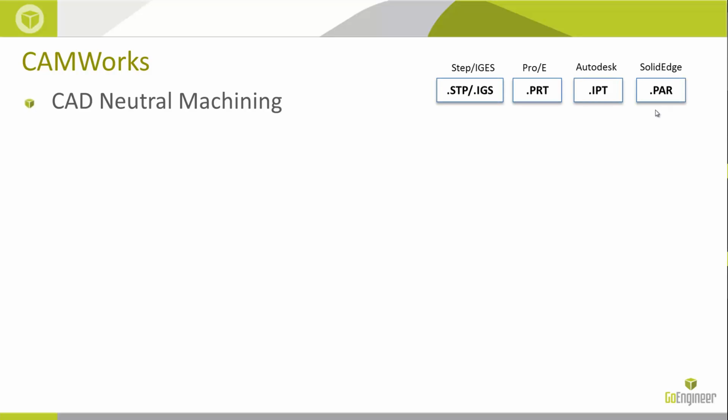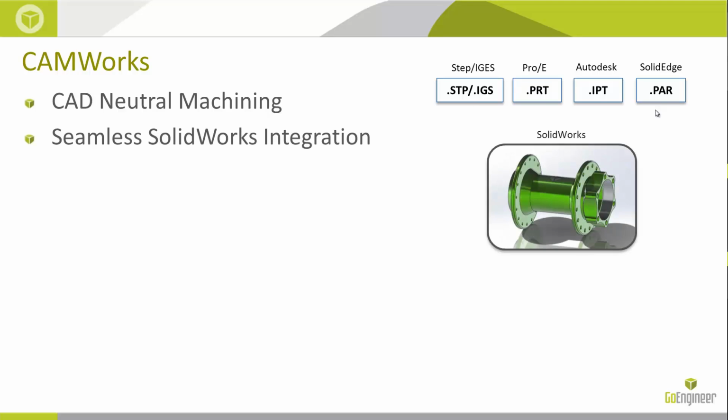So CAMWorks, that's what we're here to talk about, right? We're going to go through just a few of the highlights of what it is as a software. CAMWorks is a CAD neutral machining package. What that means is that we can work on SolidWorks files, obviously, but we can also use CAMWorks on STEP or IGES files, Pro-E files, Autodesk files, Solid Edge files, CATIA, Creo, NX, anything that you can bring into SolidWorks.